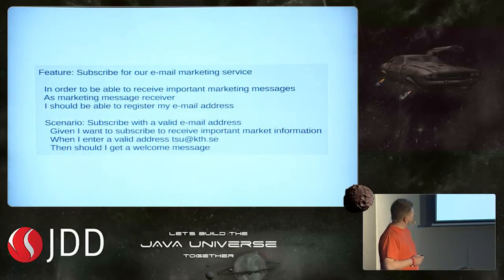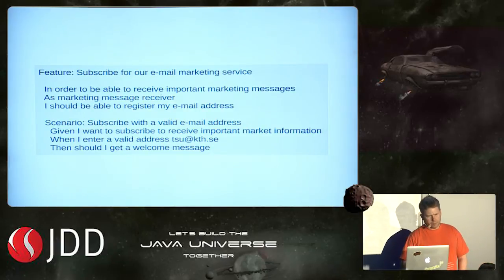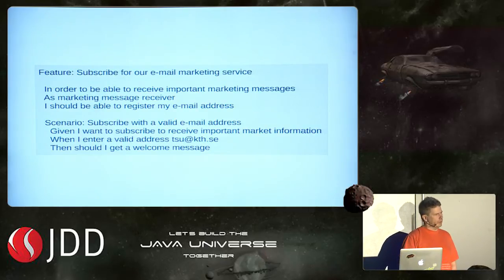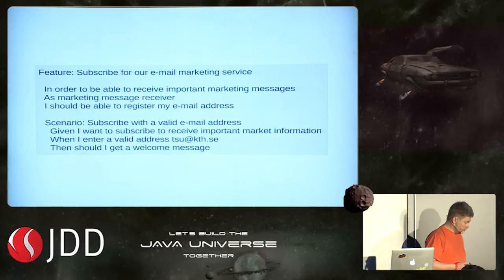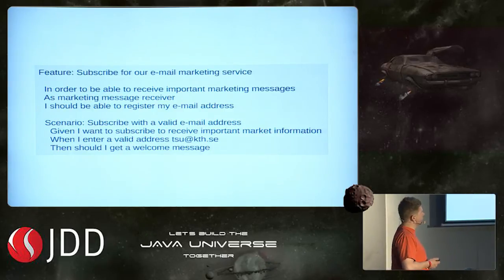So I think this is a lot better. This says pretty much the same thing. And we can hide the implementation details in the code later on. So the details will be there, but they won't be very visible for the end users. So I want to subscribe to something.